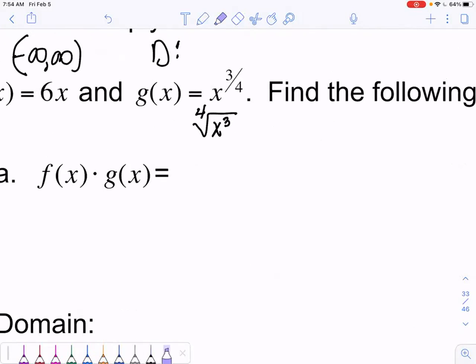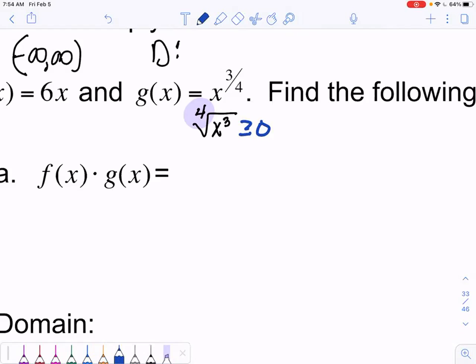All right, so when we look at the domain, that's an even exponent. So it has the same property as a square root. Any even exponent, I cannot take the square root or the 4th root or the 10th root or the 100th root of negative numbers. So anytime it's even, it has to be greater than or equal to 0. And it's the root that matters, not the x cubed.